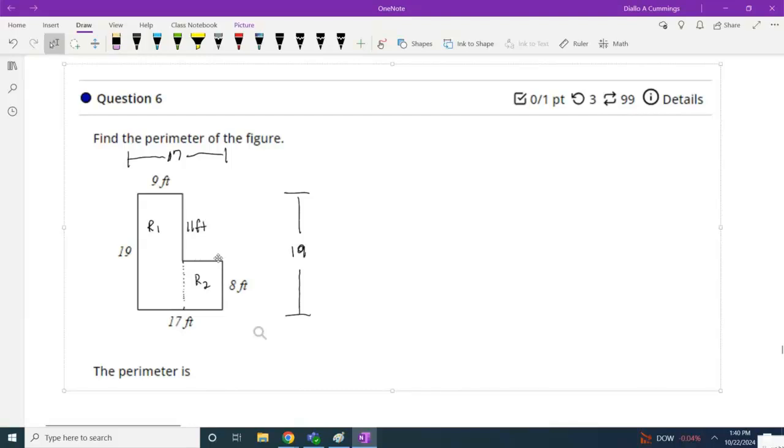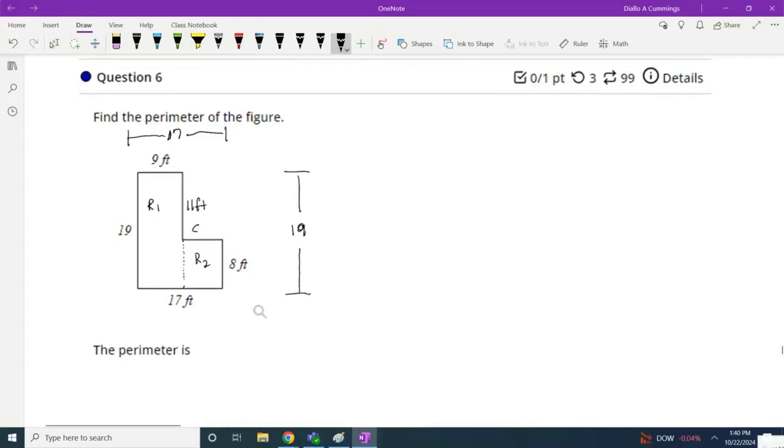What should be the length of this piece? That's going to be 8, so this is 8 feet. Any questions on where 11 feet and 8 feet come in?